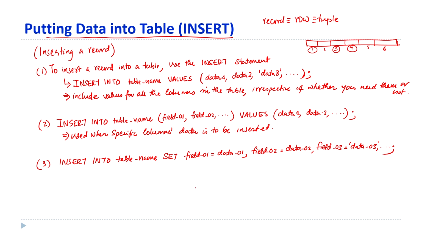So, instead of putting fields and values in 2 separate lists, you can just put the equated ones.